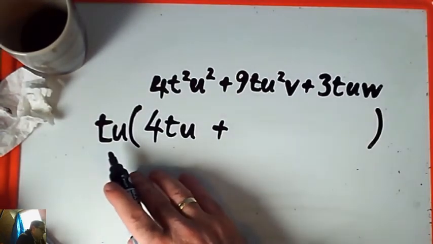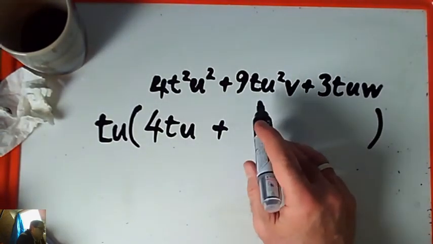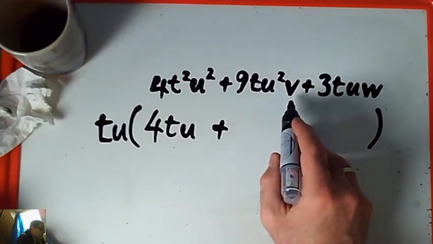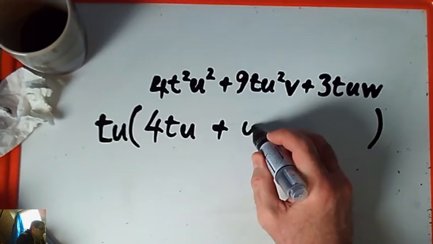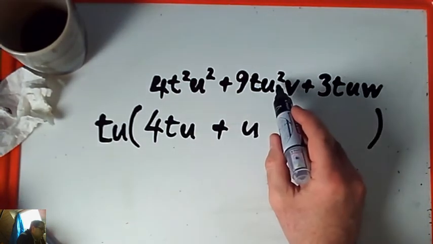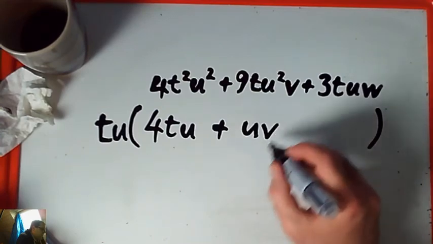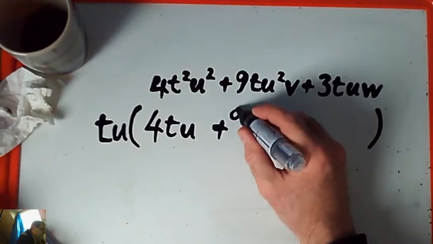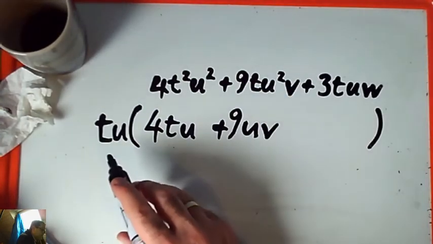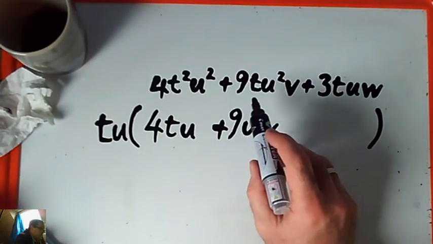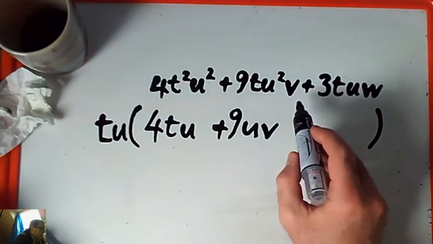Then on to the next term. So tu times what will give me 9tu squared v. Well, I need to multiply it by another u to get the u squared, and I need to multiply it by another v to get the v, and I need to multiply it by 9 to get the 9. So tu times 9uv equals 9tu squared v.